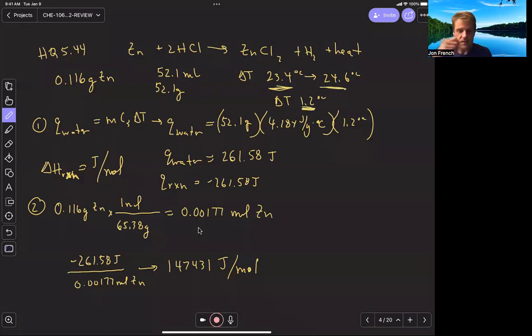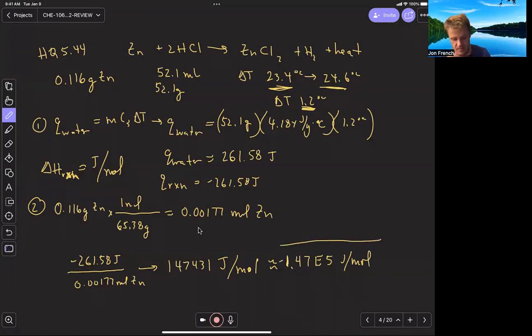There were 2 significant figures there. But looking at the back end of the Top Hat question, they've got it set to 3 significant figures for some reason. So I would say 1.47, right? E to the 5 joules per mole.